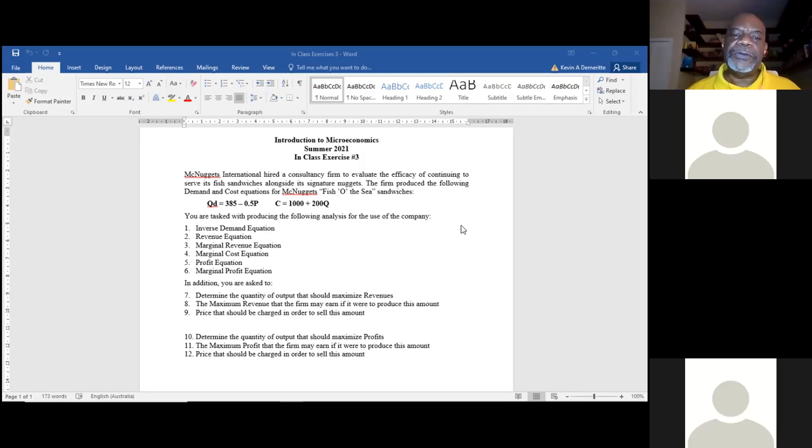The firm produced the following demand and cost equations for McNuggets fish sandwiches. So the demand equation for the fish sandwiches is QD equals 385 minus 0.5P, and the cost equation is 1,000 plus 200Q. That's all the information you're given.